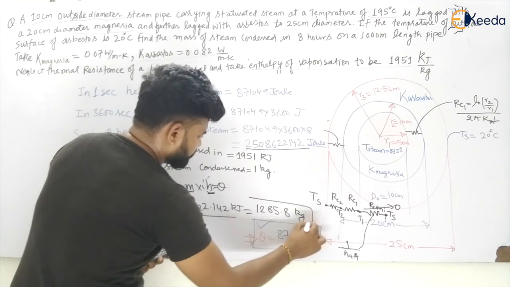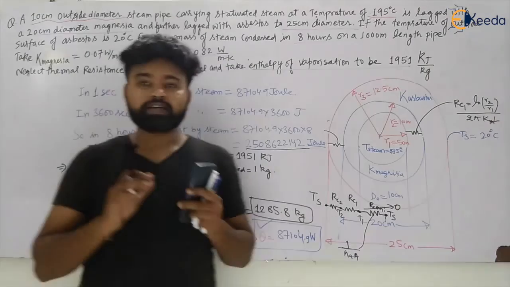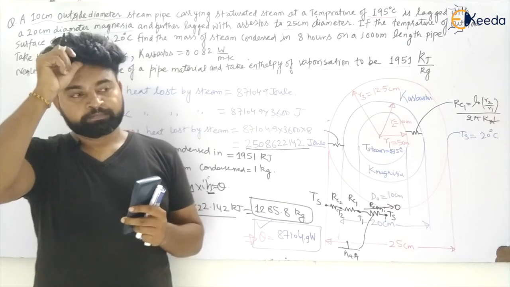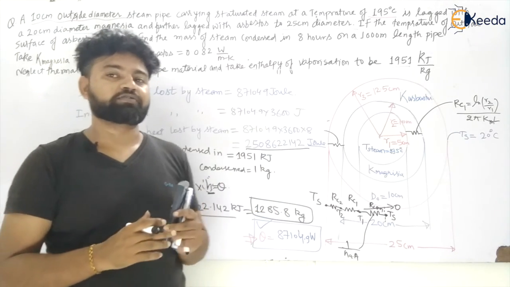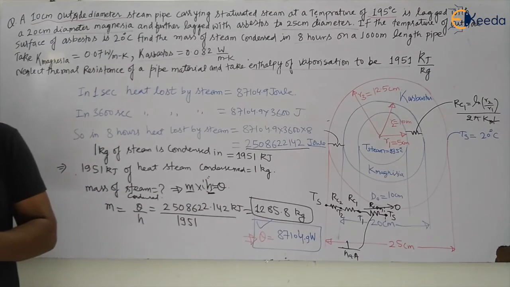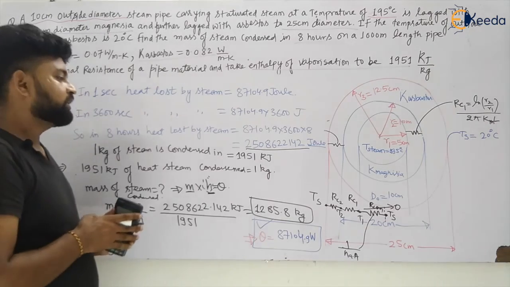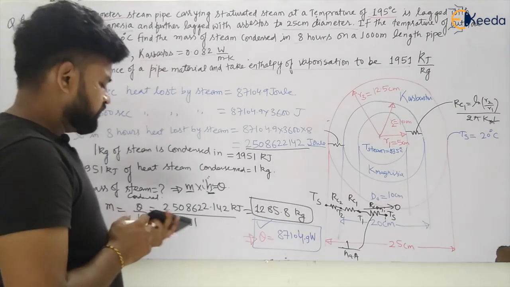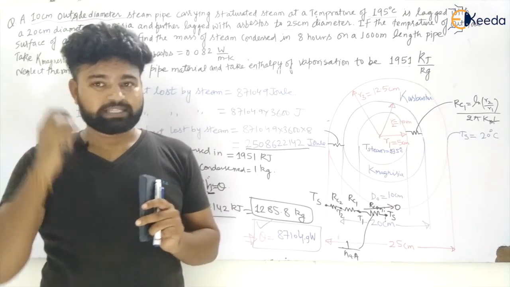So this much mass of steam will be condensed if there will be this kind of insulation and this kind of heat transfer. So now what is the mass of steam condensed? So mass of the steam condensed is equal to 1285.8 kg, my dear students. Okay, so this question is very much important from GATE point of view because the concept is new.